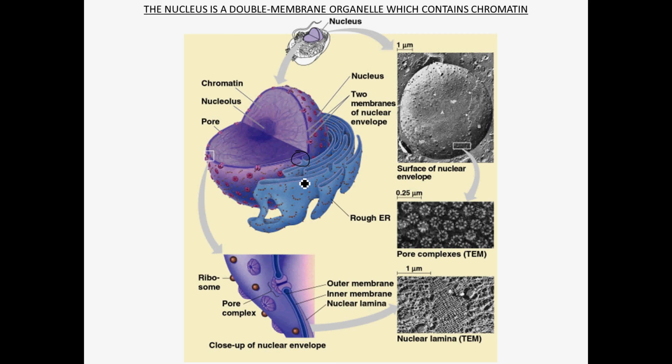So this endoplasmic reticulum is membrane, and that means that it's separating the cytoplasm from a lumen. This would be the lumen, the space inside of that endoplasmic reticulum, and out here would be the cytoplasm.